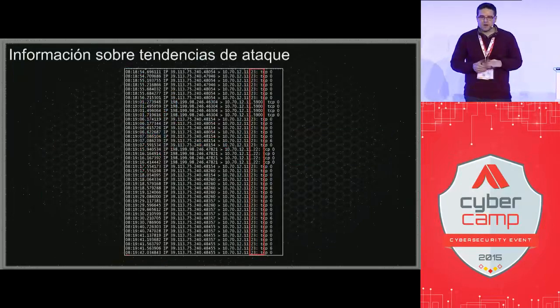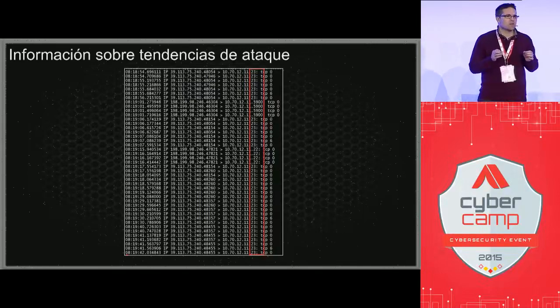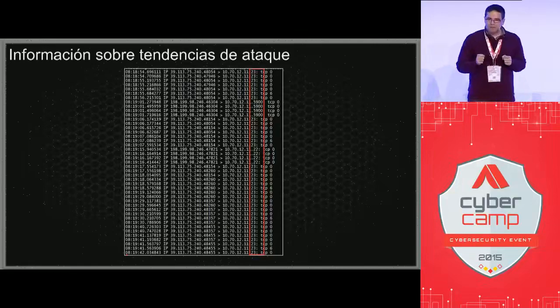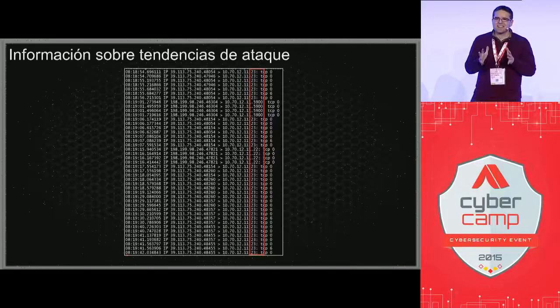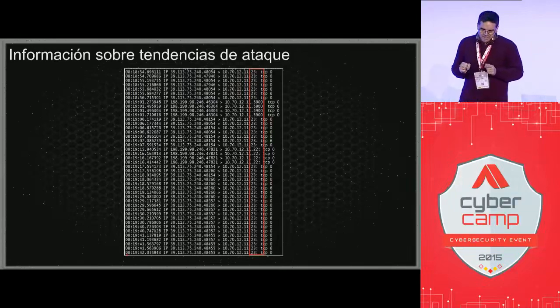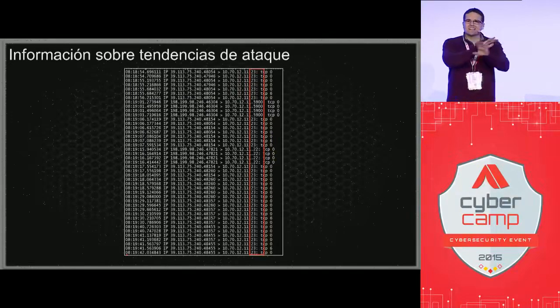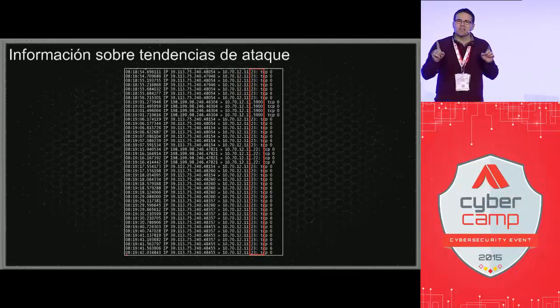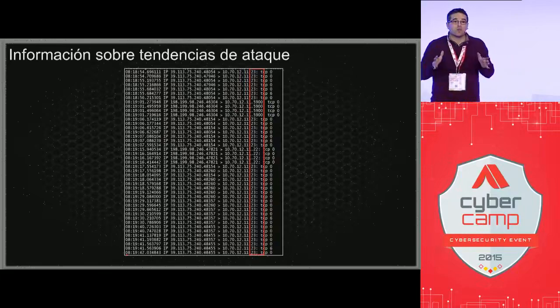Now the second point. This is about information, that is to say, the information that we get through our sensors. First of all, the trends. Here this helps me decide on the sensor that I need to install on the internet. So we take the sensor, install it on the internet, and then I monitor all the TCP ports.